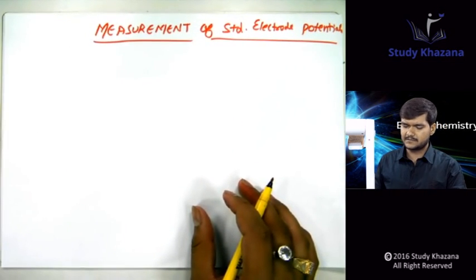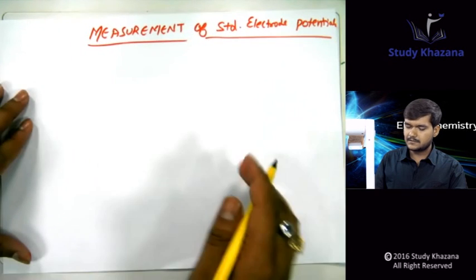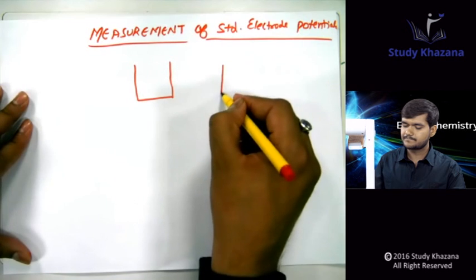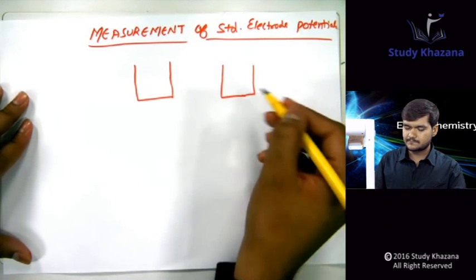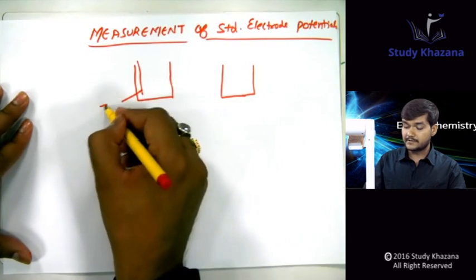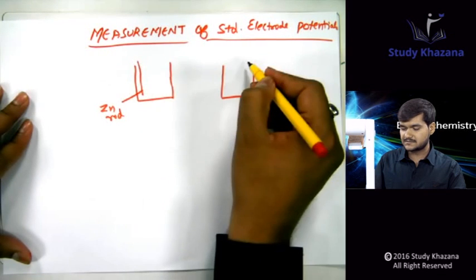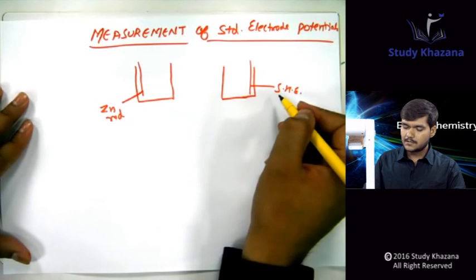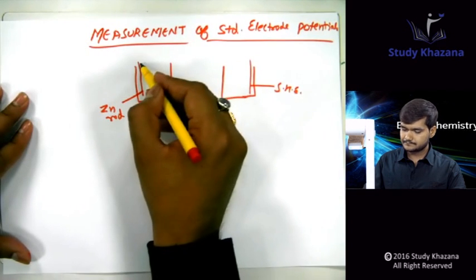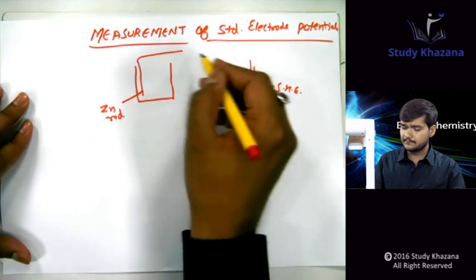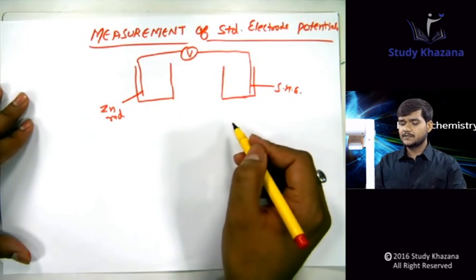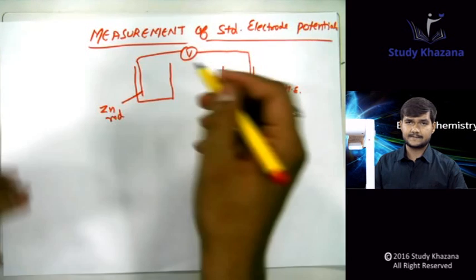Again I am taking this example, the two half cells I am drawing. In one I have taken a zinc rod, in another I have taken the SHE reference electrode, and I have connected the two half cells with a voltmeter to calculate the voltage or the EMF of the cell.